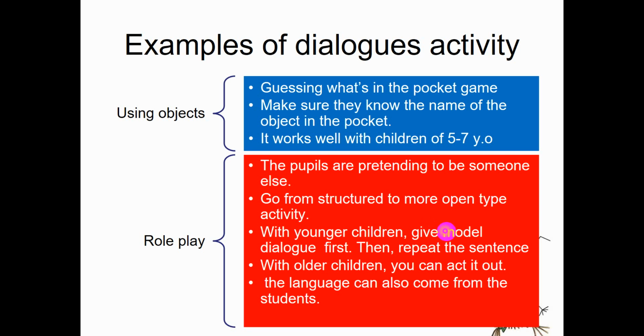After you give the model dialogue, repeat the sentences again and again. Make sure that they have the correct pronunciation and that they understand what is in the dialogue or in the role play. But with older children, you can act it out.